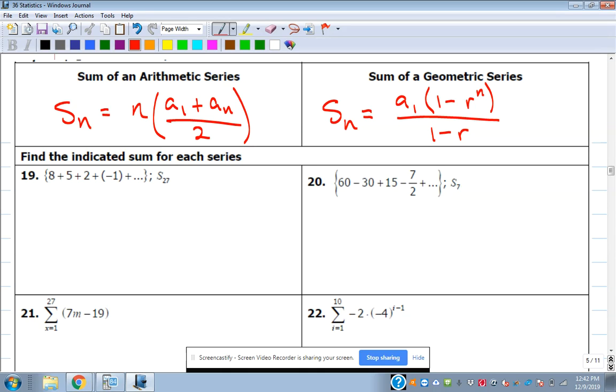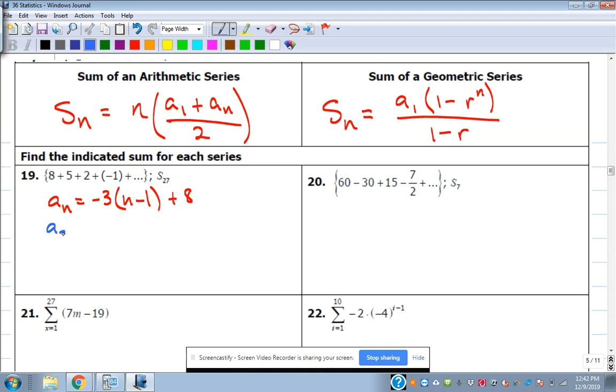So to find the 27th term, I've got to use that formula that I can write for an arithmetic sequence. So this ties it back to one of the other things we've done. To find any term, I'm taking the common difference times n minus 1, plus the first term.